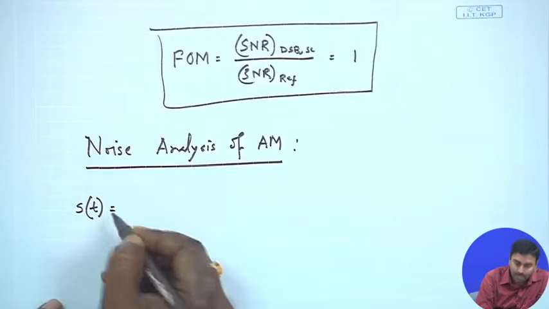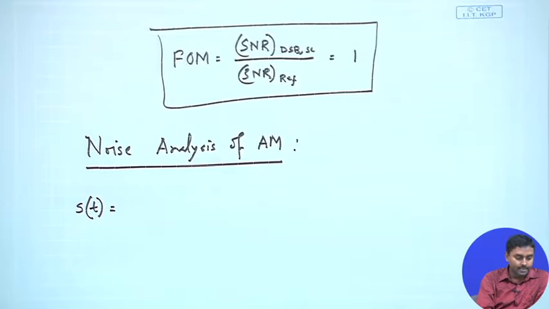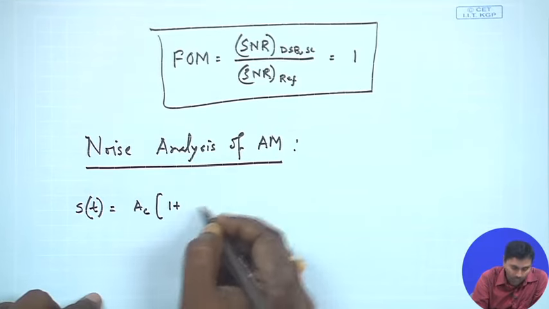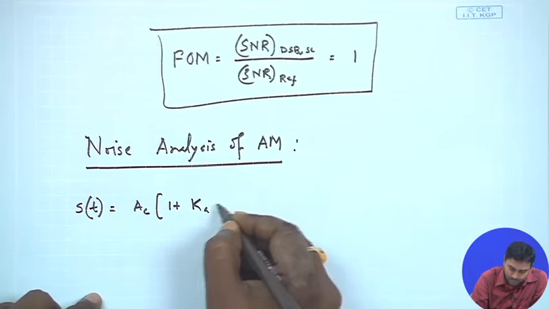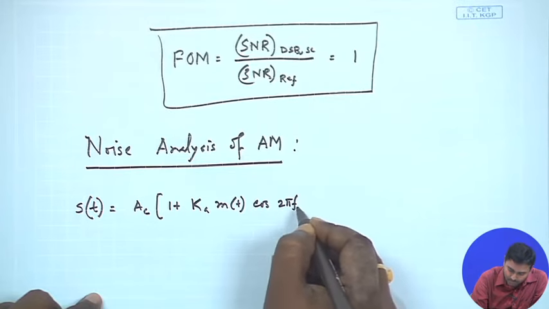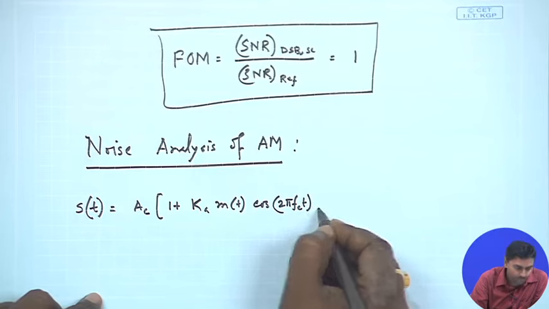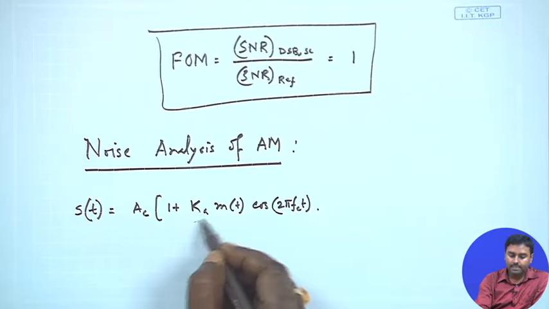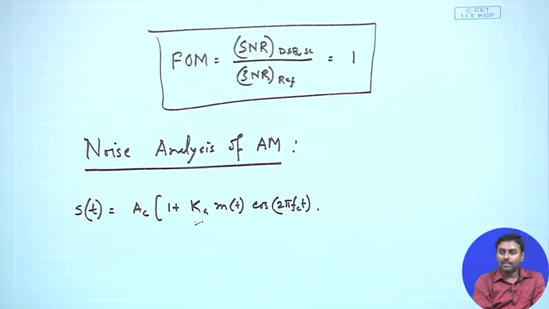Now, the modulation, our signal is something like this, we already know this. Where this Ka is related to the modulation index, we defined this when we did our AM, and this is the amplitude of the carrier signal.